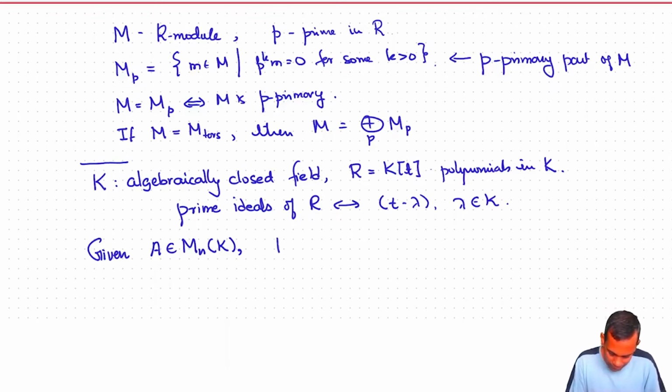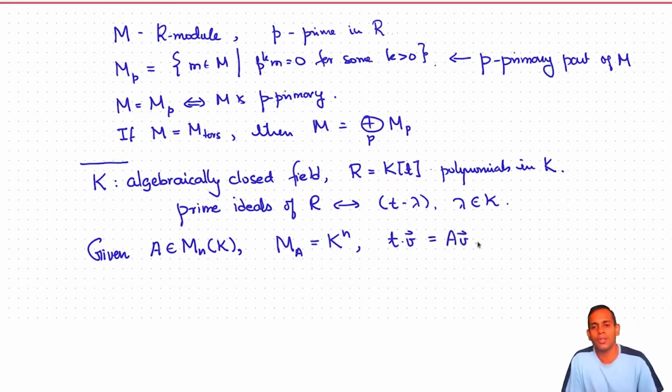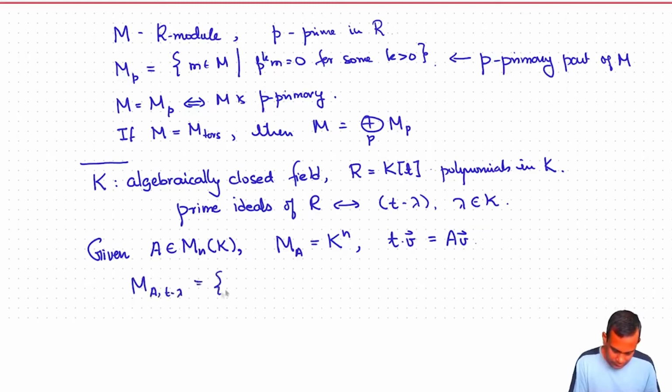So remember that M_A is just the K[T]-module given by K^n, and T·v is just the action of A, thinking of v as a column vector and multiplying it on the left by A. And now if you ask what is the T minus lambda primary part of A, this is v in K^n such that (T minus lambda)^k times v is 0.